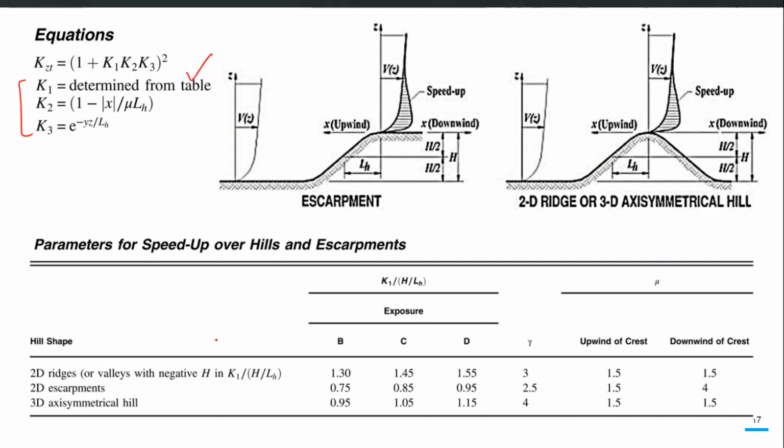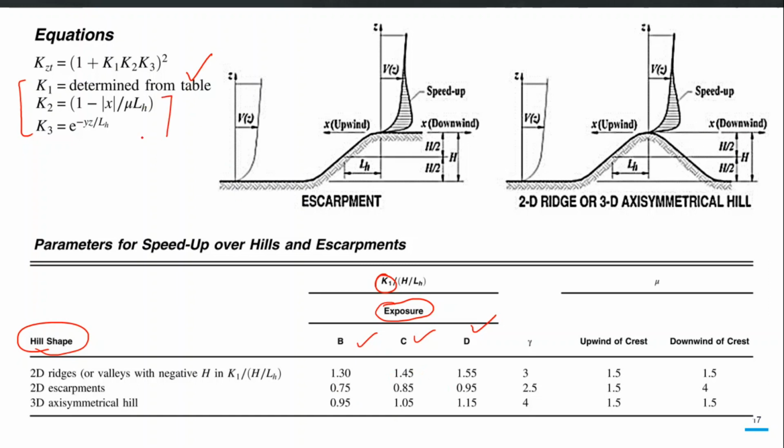Depending upon your type of hill, its shape, and the exposure category B, C or D, you will directly pick this factor K1 over H over LH, which means K1 over the slope of your escarpment. So depending upon your capital H and your L sub H, you will calculate K1 from the number which you pick from this table.